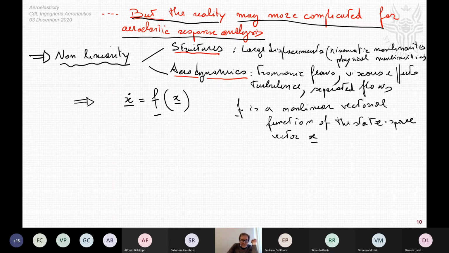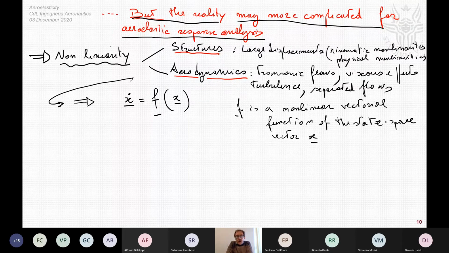Of course, this step from physics to mathematics is not completely easy, but it is possible. At the end, you have an evolution of your state, the vector x, governed by a nonlinear set of equations. And so the aeroelastic system could also be regulated by an equation like that.